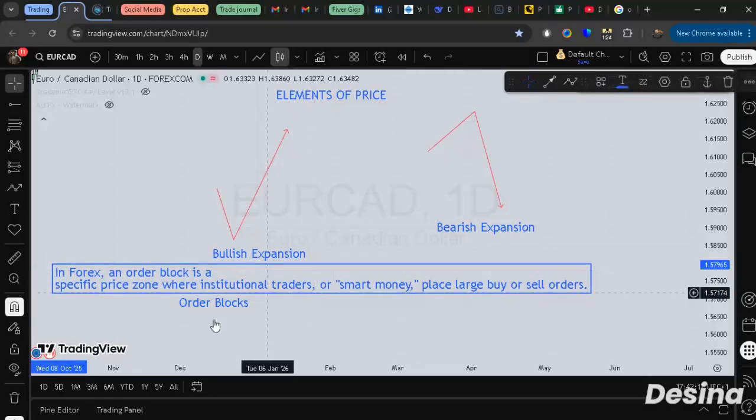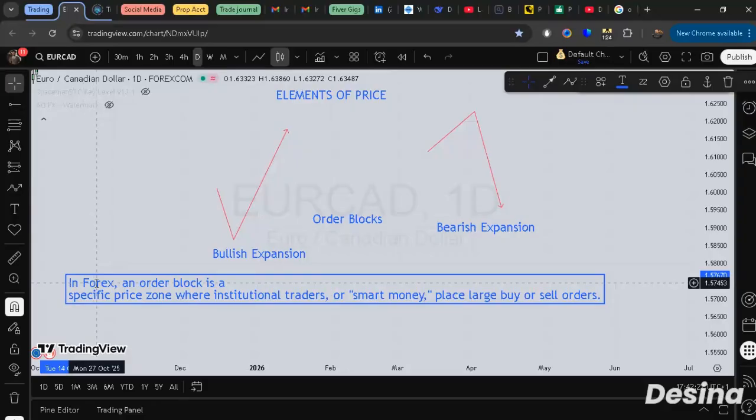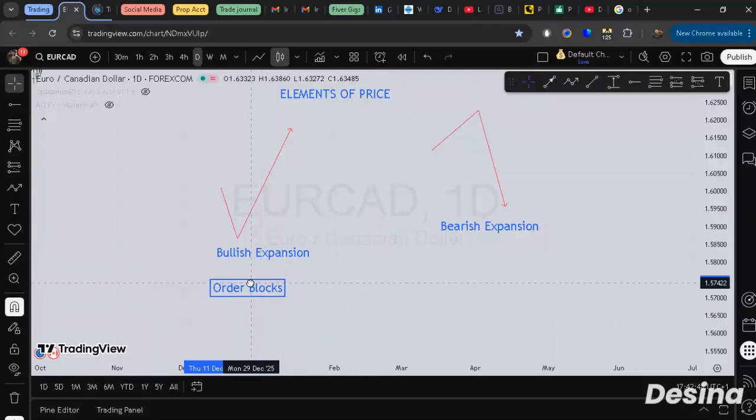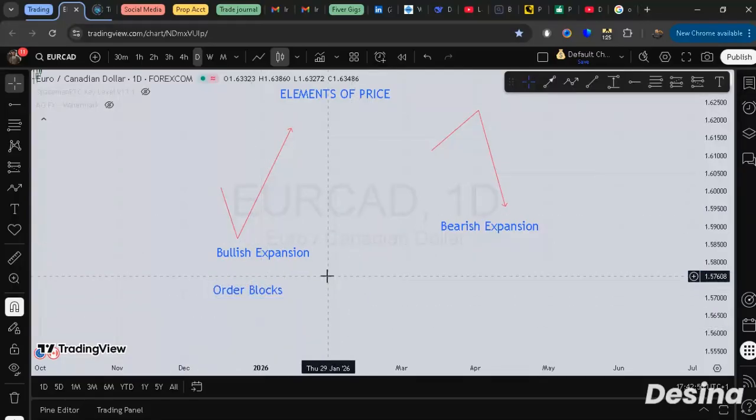As you can see here, in Forex, an order block is a specific price zone where institutional traders or smart money place huge buy or sell orders. So that is the definition of an order block, a specific zone where institutional traders or smart money place large buy or sell orders. So for every expansion, there will be an order block located there.